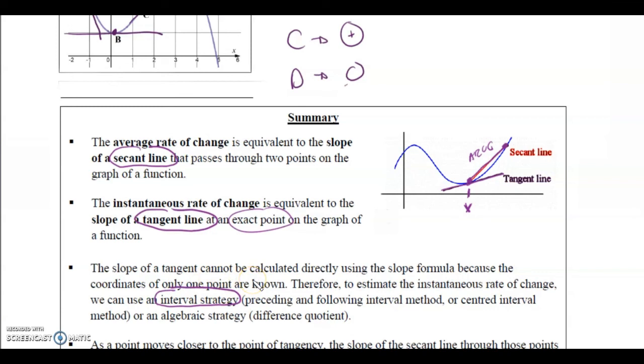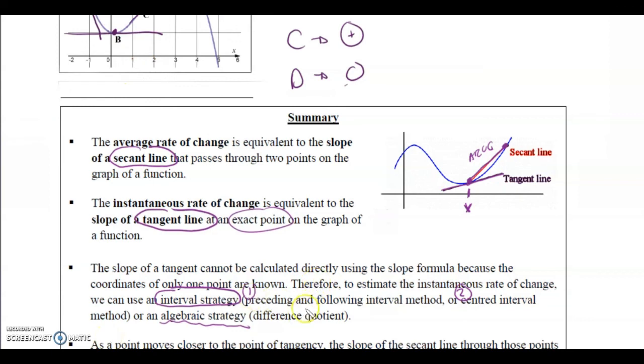So we either use the preceding and following interval method or the centered interval method. So 1, 2, and then if we are given the equation, algebraically, we can find the difference quotient. That's nice to do algebraically, it's very accurate.